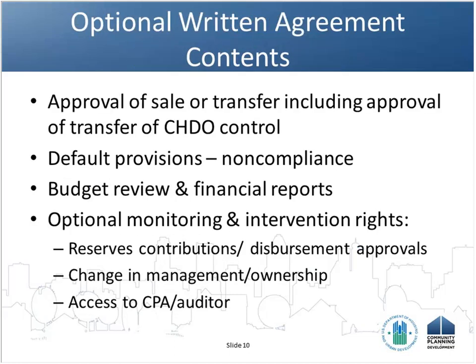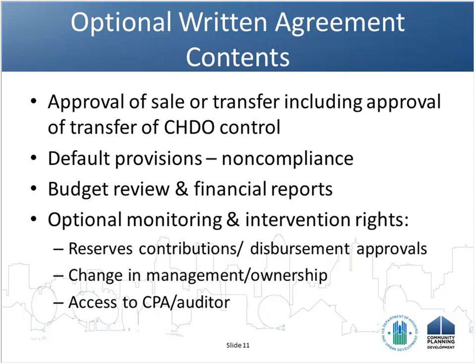Let's talk about a few things that are really optional with written agreements. The HOME rule that was updated in 2013 clarified that when we had a CHDO project, it had to remain a CHDO project with a certified CHDO throughout the affordability period.